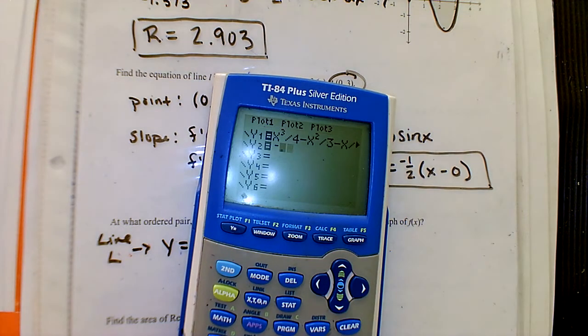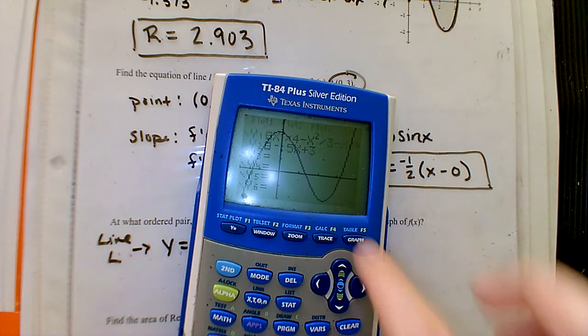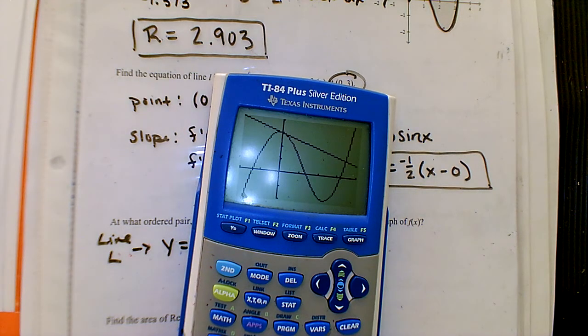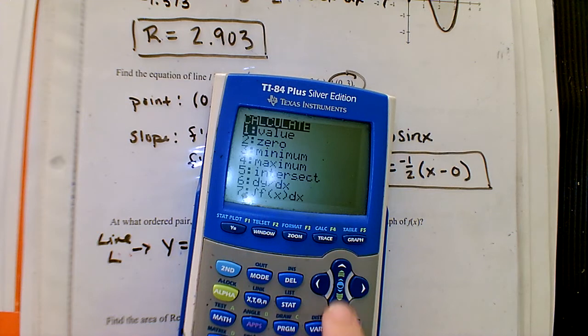Let's go ahead and type that in. How do we find the intersection on a calculator? Do we know what buttons to press? Second, trace again.